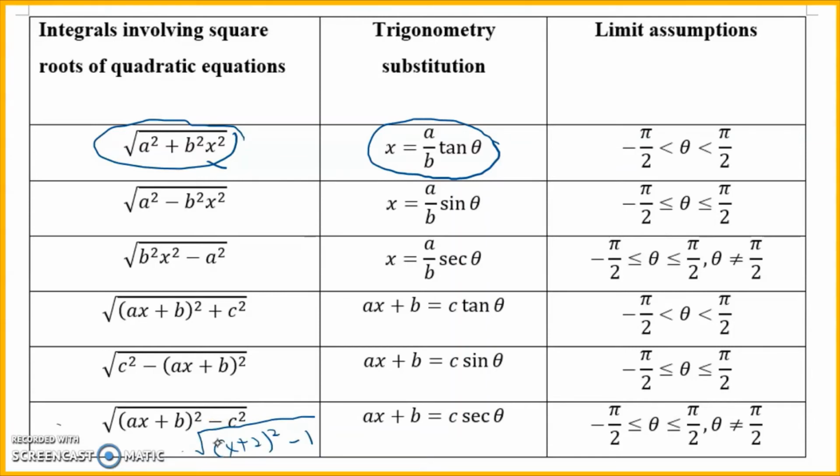So actually we should use this, where a is equal to 1, b is equal to 2, and c is equal to 1. So we can substitute ax plus b, which means our x plus 2, with c secant theta, and c is 1. We can substitute our x plus 2 with secant theta.